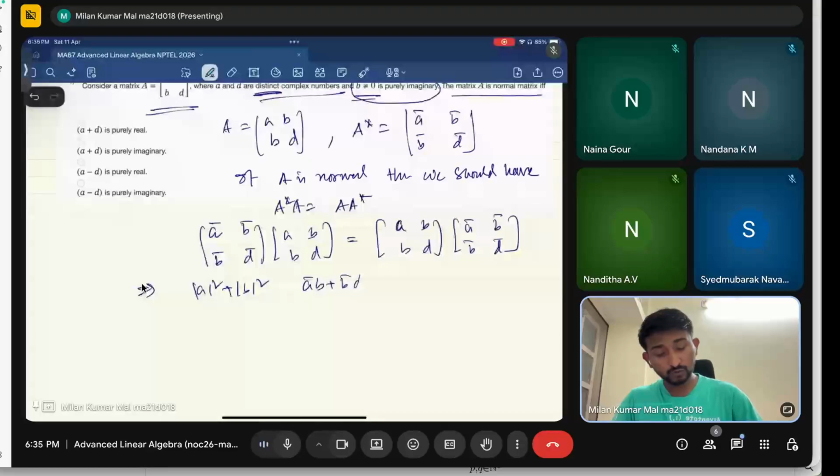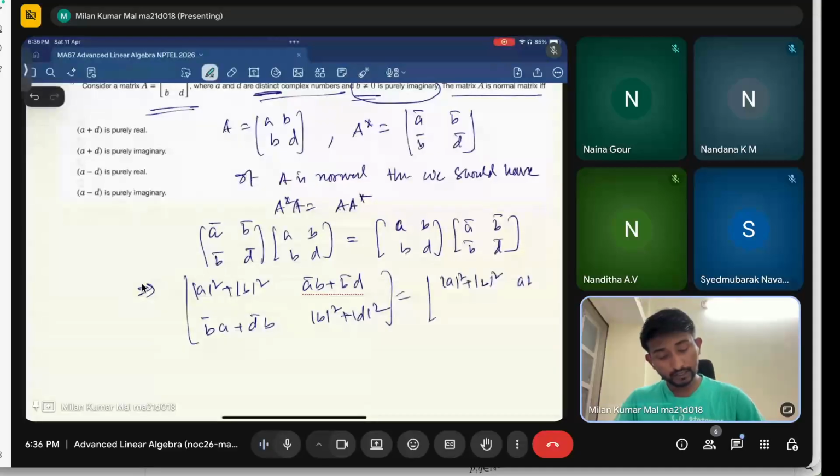This should be equal to mod A squared plus mod B squared, then A B bar plus B D bar, and B A bar plus D B bar, and then mod B squared plus mod D squared.